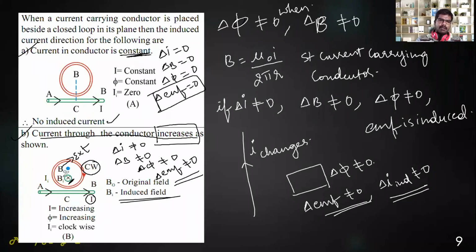And because of that clockwise developed current, there will be induced magnetic fields produced in this case. So remember that when a current carrying conductor is placed beside a closed loop in its plane, the induced current direction will change corresponding to the coil. This is one more effect where we can see induced EMF and induced fields being developed due to change in the current.